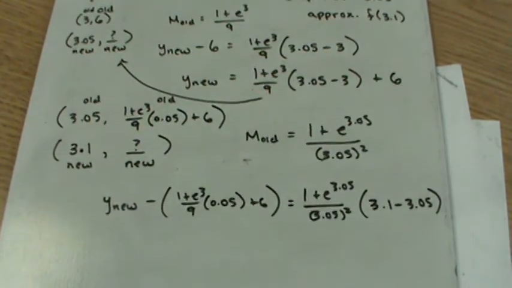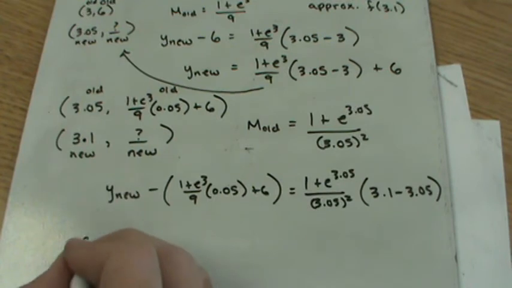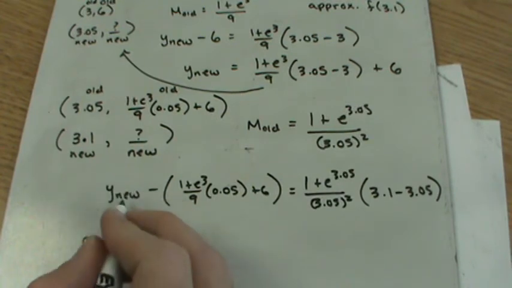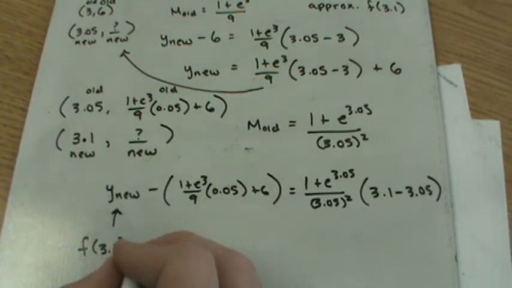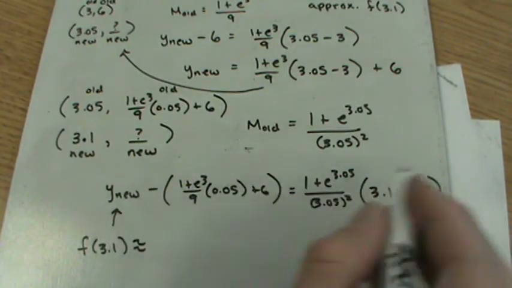And again, our whole purpose here is to solve for that approximation of f of 3.1, which is the y new. So all we have to do here is add this ugly thing over to here.